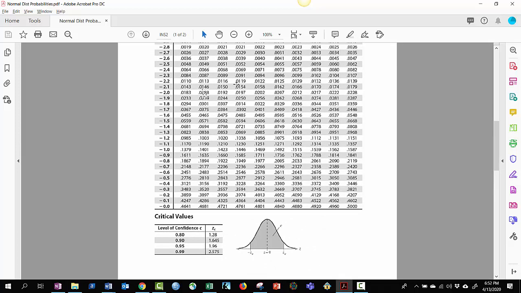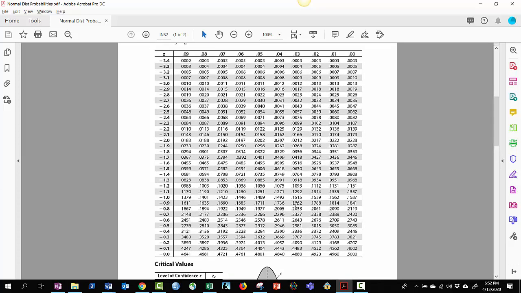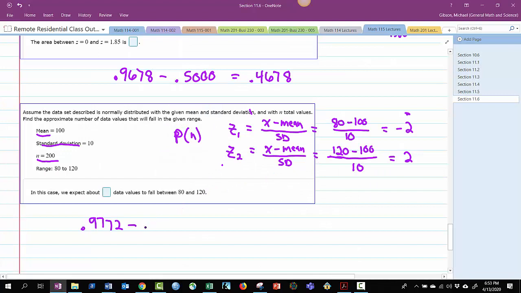All right, so let's go through, we can see the headings. For the negatives, the order of the columns is reversed. So minus 2.0 is all the way to the right, last column, 0.0228. Okay, so we subtract those, and we get 0.9544.